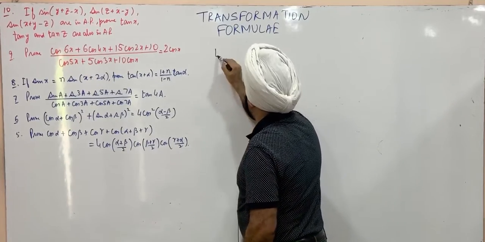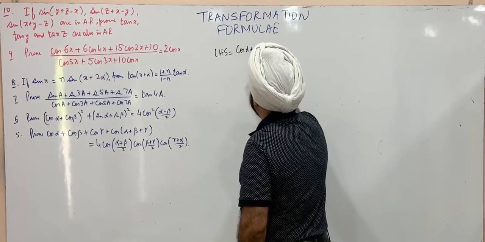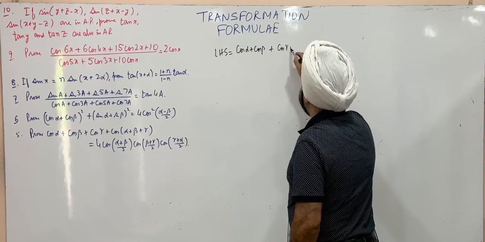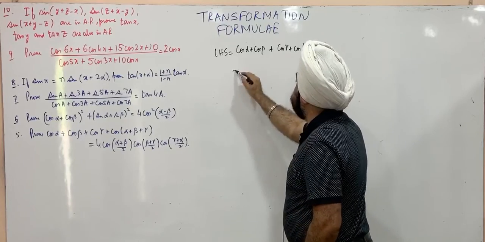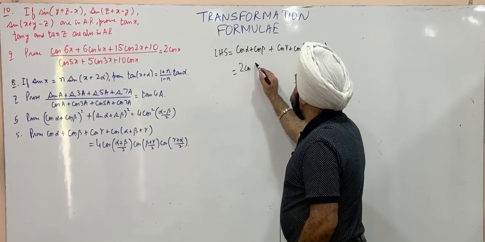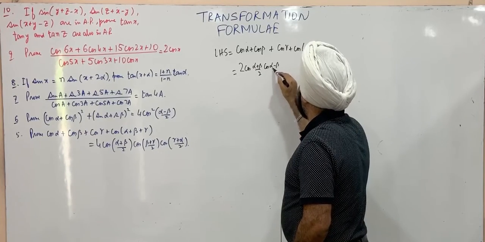So starting from left hand side, which is cos of alpha plus cos of beta plus cos gamma plus cos of alpha plus beta plus gamma, cos alpha plus cos beta. This is 2 cos alpha plus beta by 2 into cos alpha minus beta by 2.